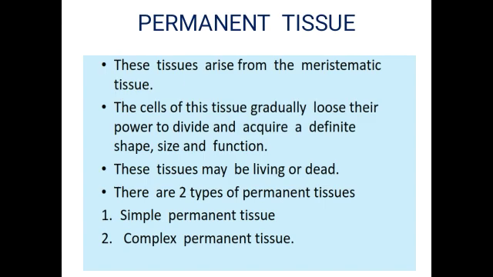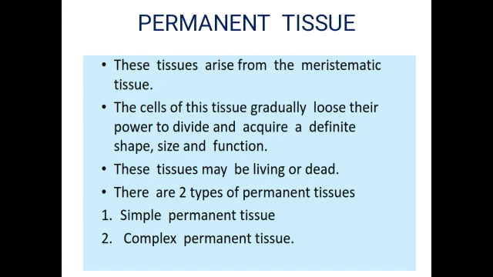Once the division is over in the meristematic tissue, it passes on to the permanent tissue, which is very strong and has a perfect shape, size, and function, so it cannot divide. So the cells of the tissue gradually lose their power to divide and acquire a definite shape, size, and function. This is the main characteristic of permanent tissue.